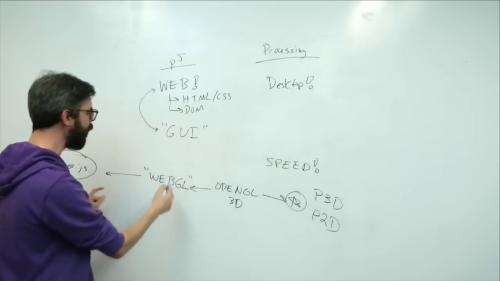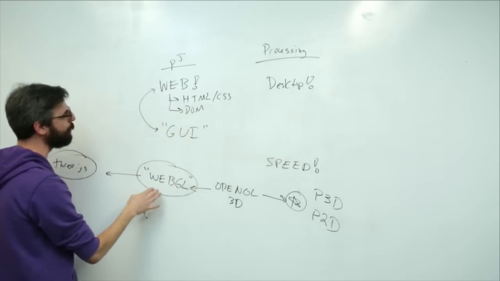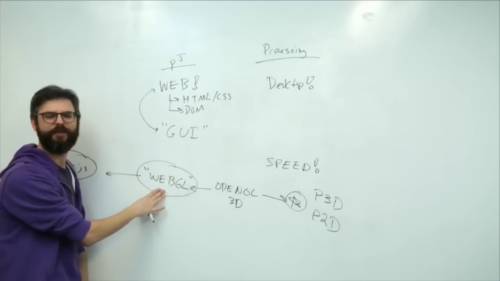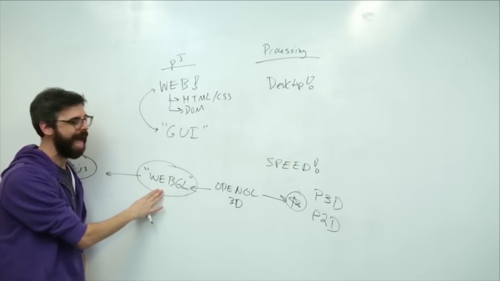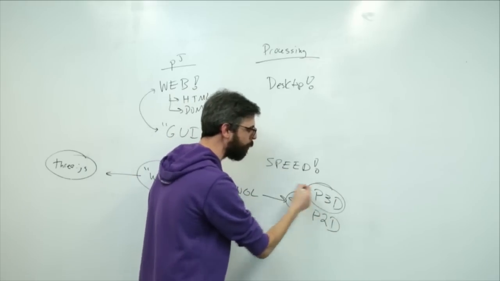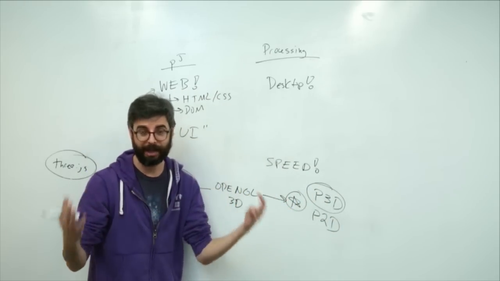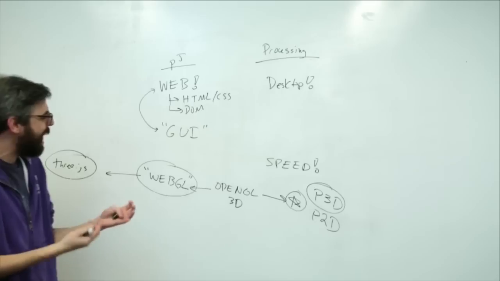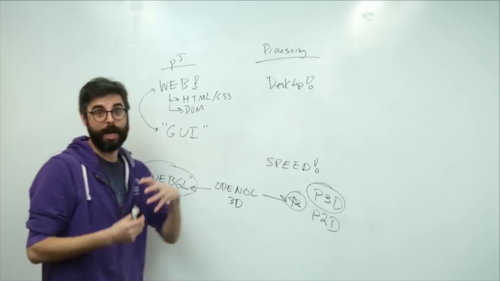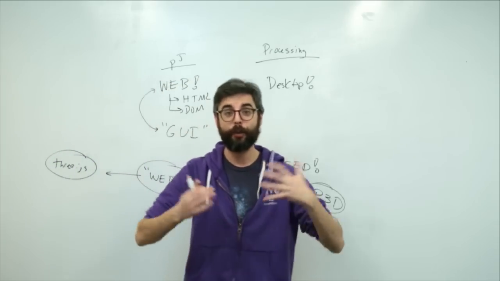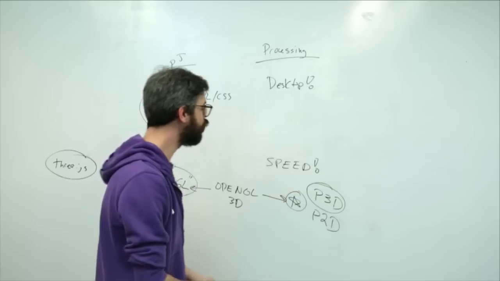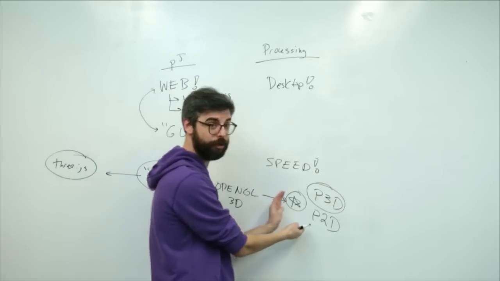But the truth of the matter is WebGL is one of the newer aspects of p5 and isn't fully implemented yet, as compared to P3D rendering in Processing, which has been around for many years and has had a lot of time to develop. So for me, I might say if you want to do a complex, sophisticated 3D rendering system, you might want to lean towards using Processing.